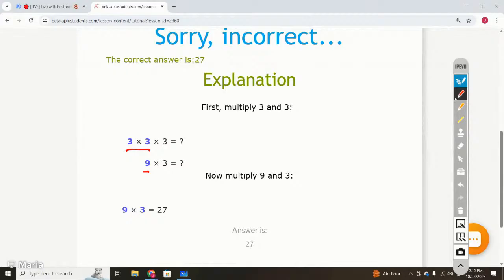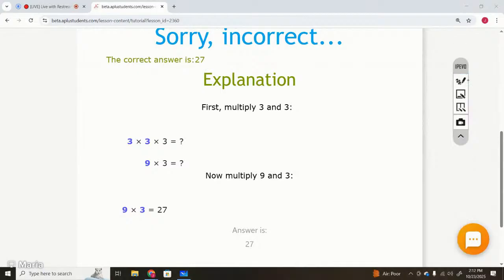Multiply the product with another 3. So 9 times 3 is 27.